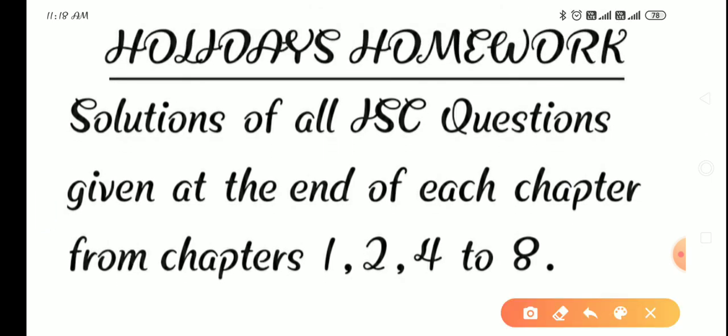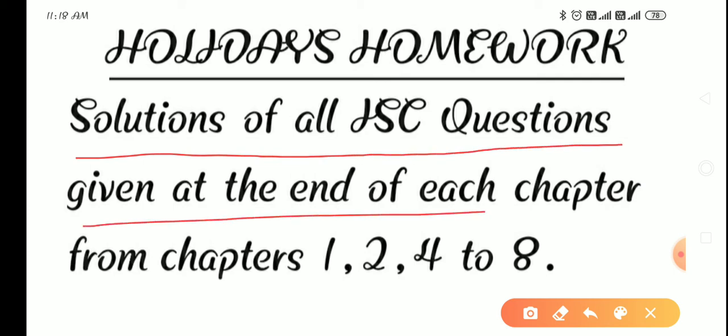You have to solve all the ISC questions given at the end of each chapter, from chapters 1 to 4 to 8. After each chapter, one exercise is given, named for self assessment.